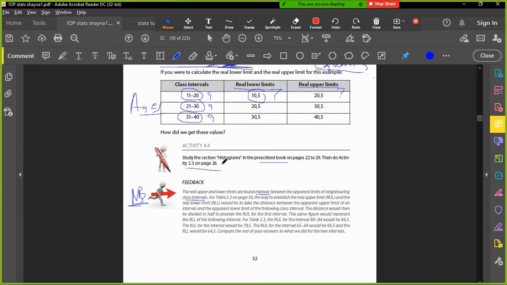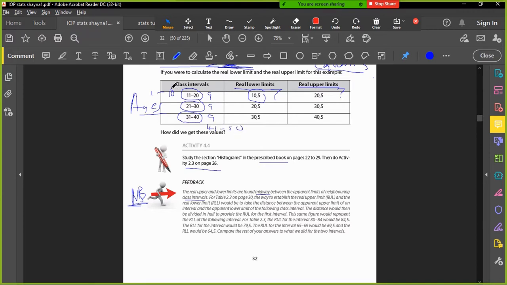Okay, so what would my neighboring class intervals be? Well, let's see. The neighboring class intervals, so that would be 10, right? So it'll be 1 to 10, the previous interval. And the next interval will be 11 to 20, right? Yeah.